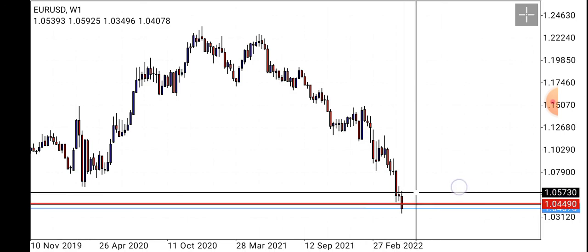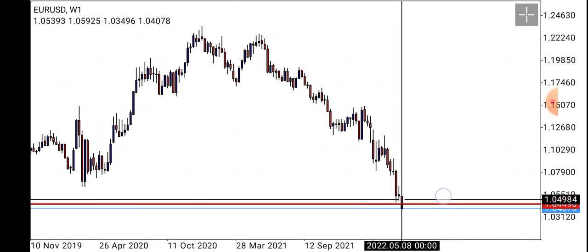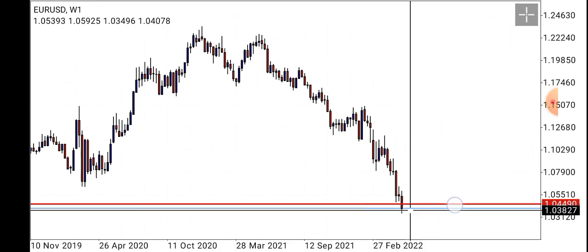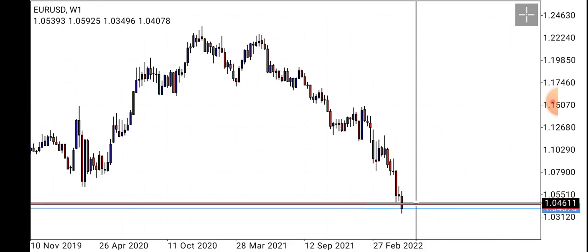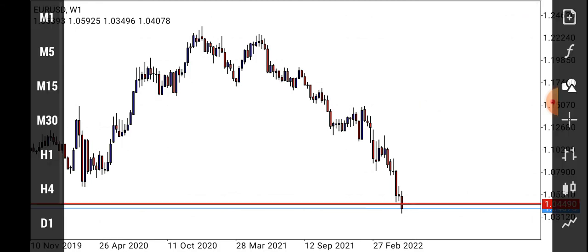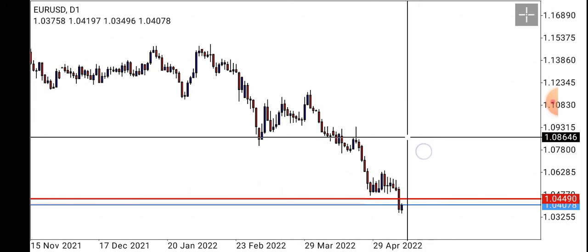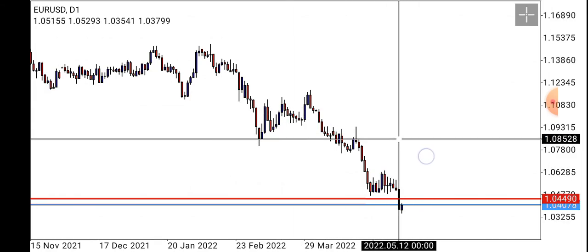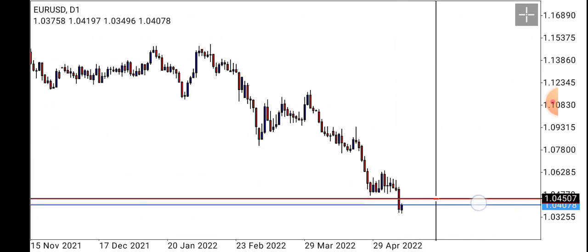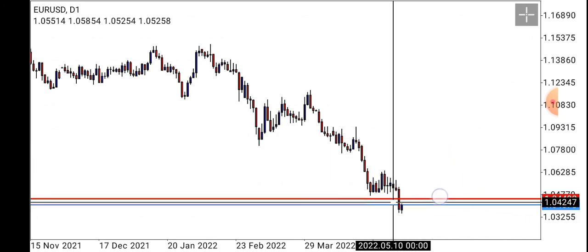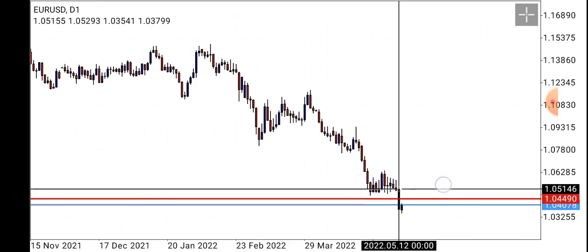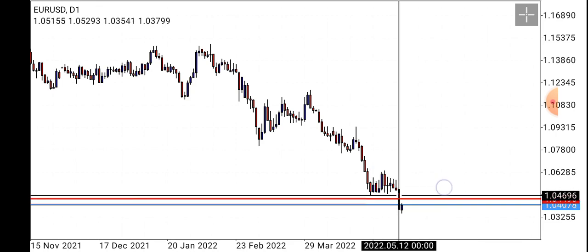Now, after getting the pivot value for the weekly candle, I would go down to the daily time frame to get the pivots on the daily time frame. I would be using this candle for my pivot calculation on the daily time frame, and the reason is that the weekly pivot lies on the body of that daily candle.